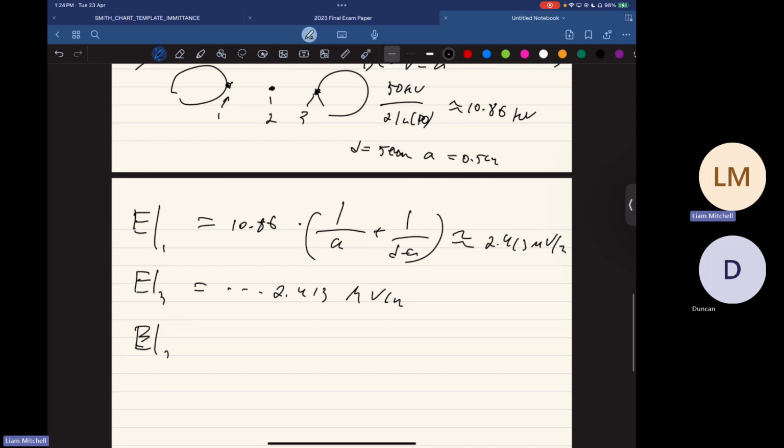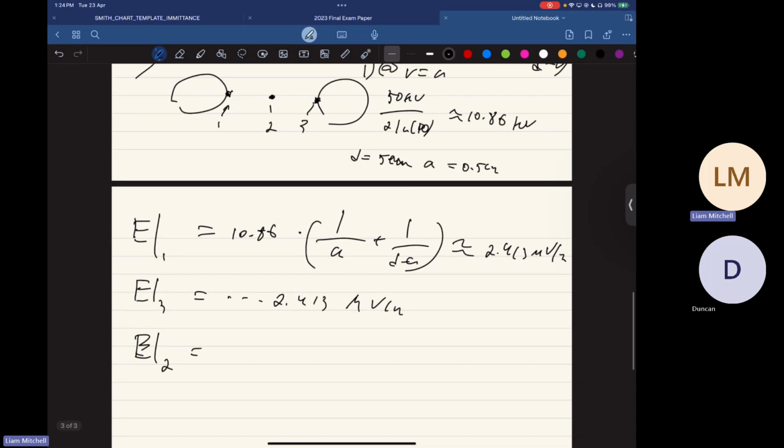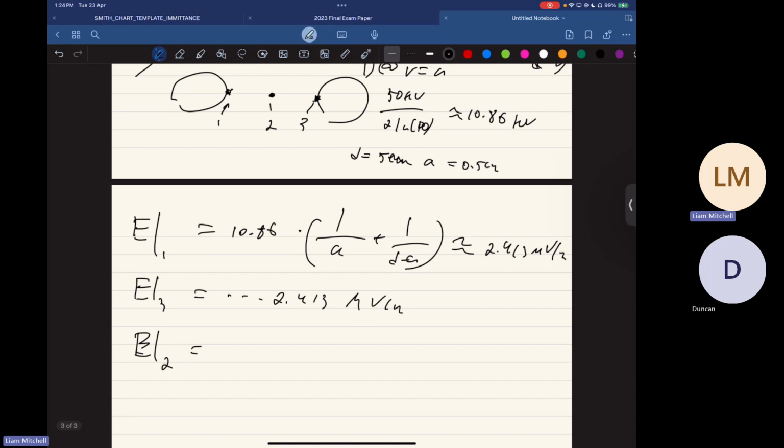Our E at 0.2 is going to be just in the middle point. Our 1 over R plus 1 over D minus R is just going to be twice times half D, because R is equal to D on 2.